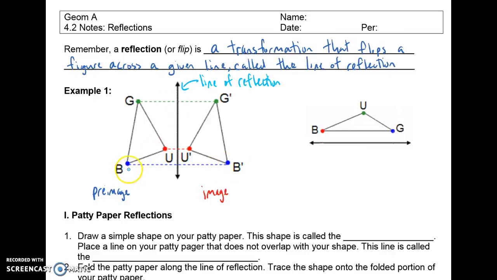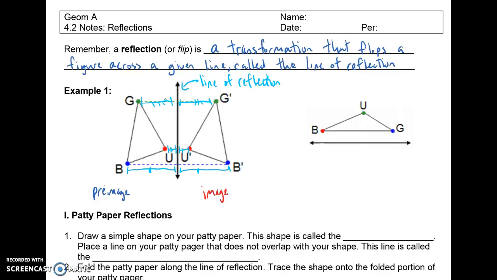So these distances from B to that line of reflection and from the line of reflection to B prime should be congruent, right? Same for U to that line and the line to U prime. And then finally G to the line of reflection and the line of reflection to G prime. These should be congruent, and that's how you know you have a reflection. It's the idea of mirroring, right? We want to be the same distance but on the other side.